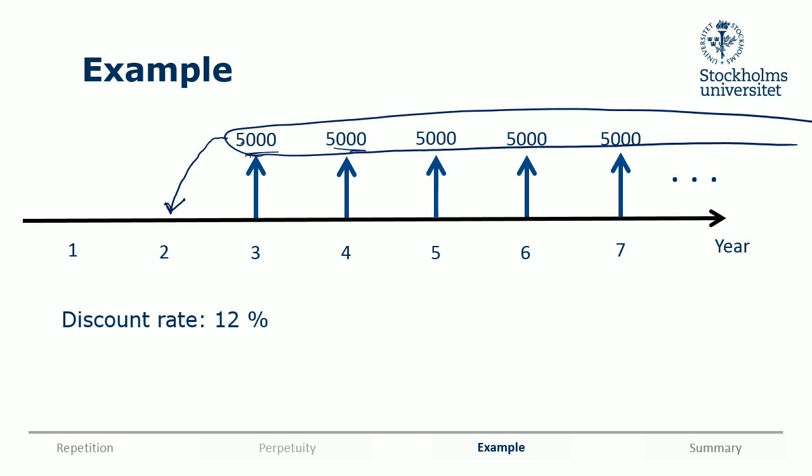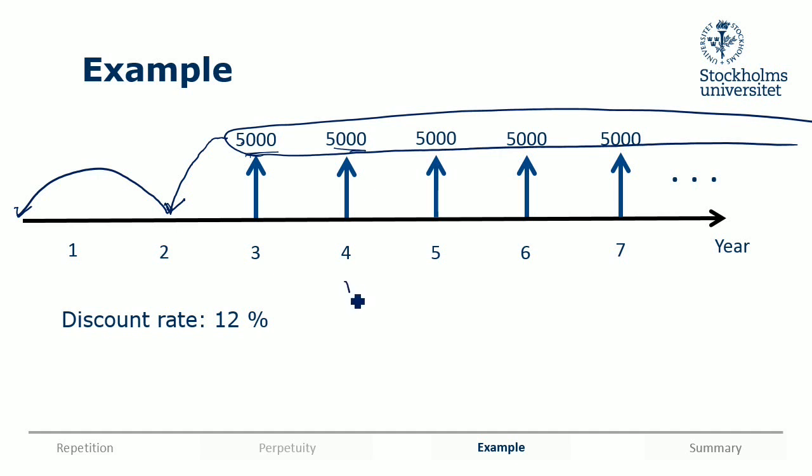This is, however, not the present value. The present value is in year 0. So we need afterwards to move it again till today. So we take one thing at a time. Start off by calculating the year 2 value of this perpetuity.